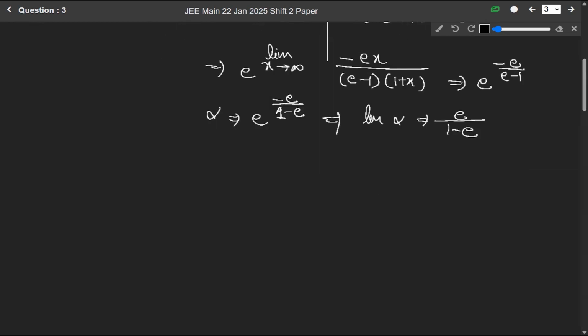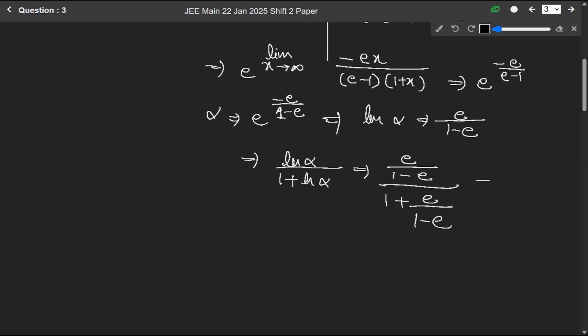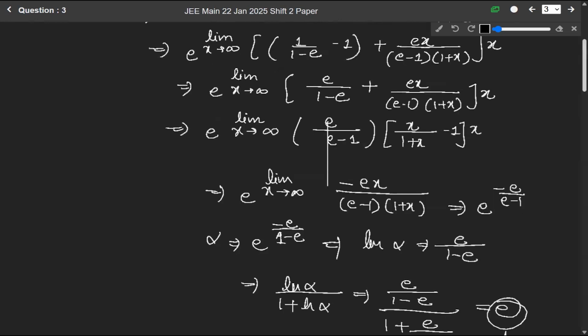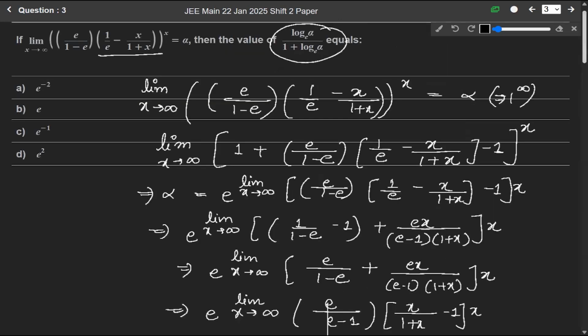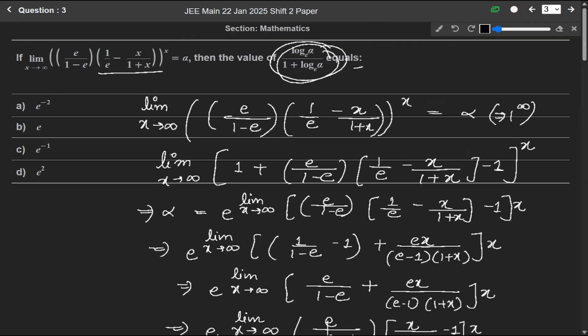So we can write log alpha over (1 + log alpha) as [e/(1 − e)] over [1 + e/(1 − e)]. So it will be equal to e here. So our final answer is log alpha over (1 + log alpha) equals e here. So our answer is option B.